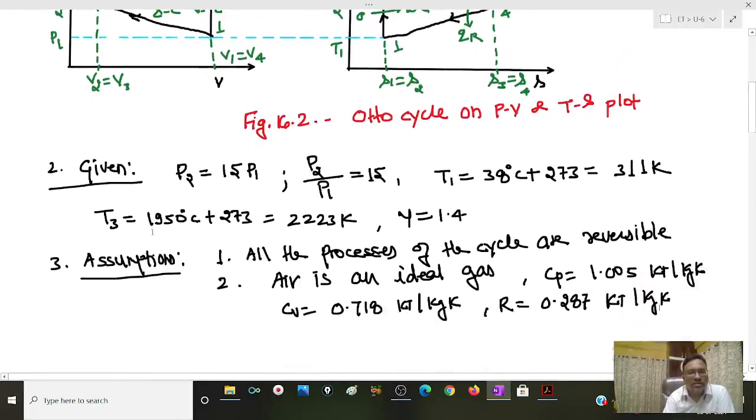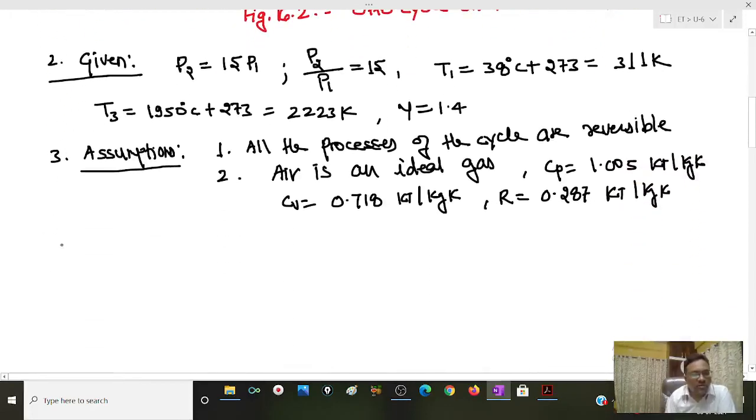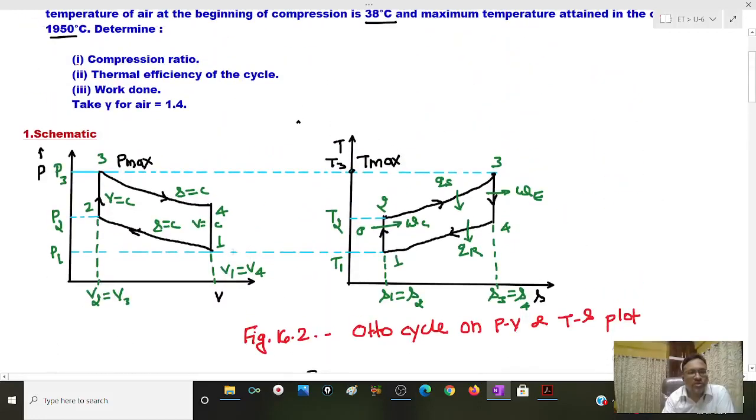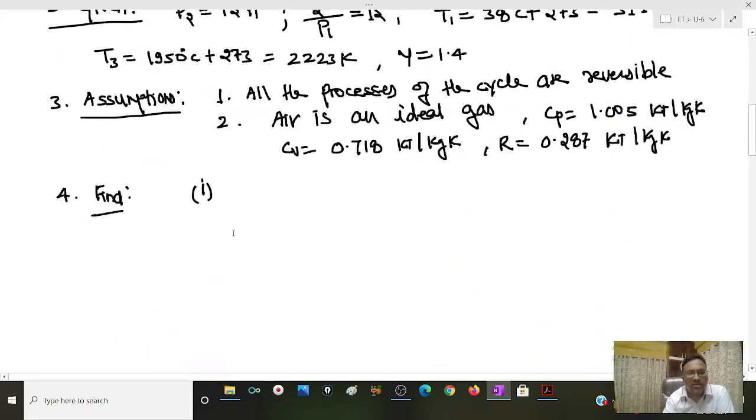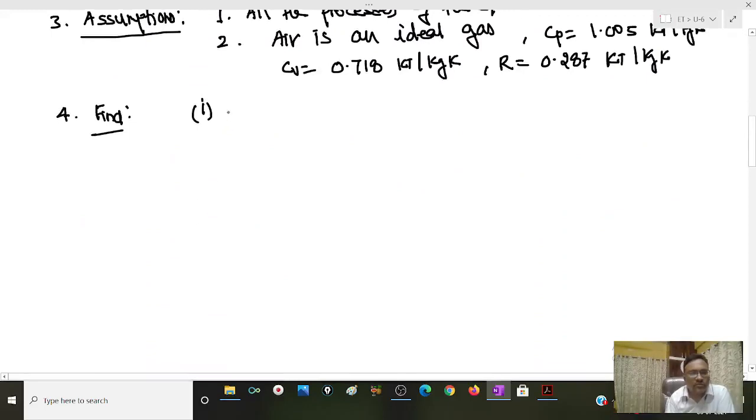Now let us list what is to be found out. The very first thing we are supposed to find out is compression ratio, thermal efficiency and work done. So one is compression ratio, two is efficiency of this Otto cycle, and three is W net.